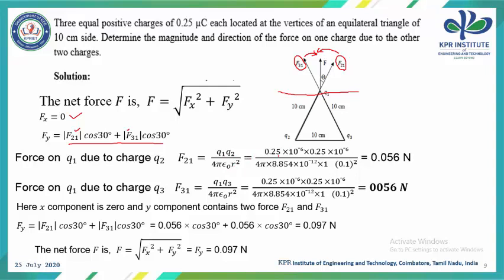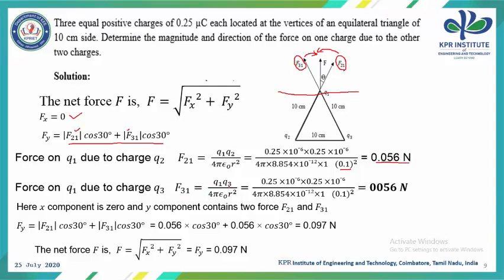You know the Q1 and Q2 values, 0.2 into 10 to the power of minus 6, and 0.2 into 10 to the power of minus 6, divided by 4 pi. The epsilon naught value is 8.854 into 10 to the power of minus 12, epsilon r value is 1, and the distance is 0.1 squared, which is equal to 0.056 Newton.